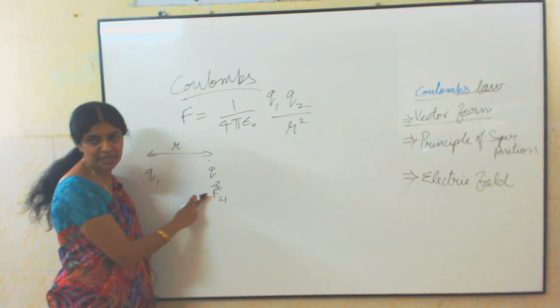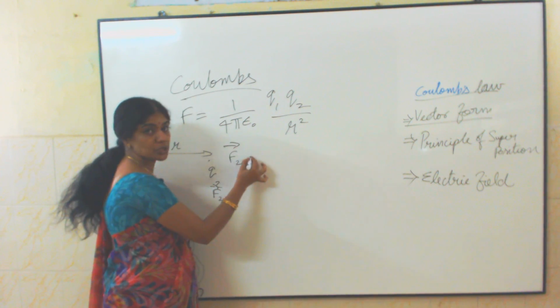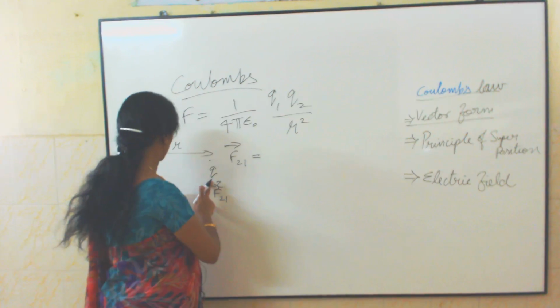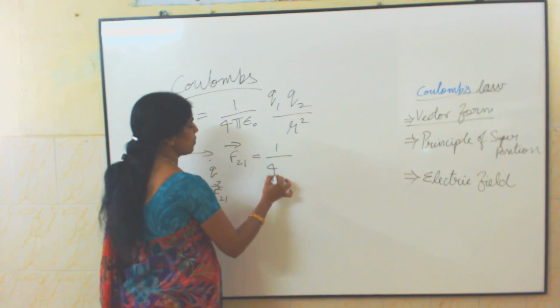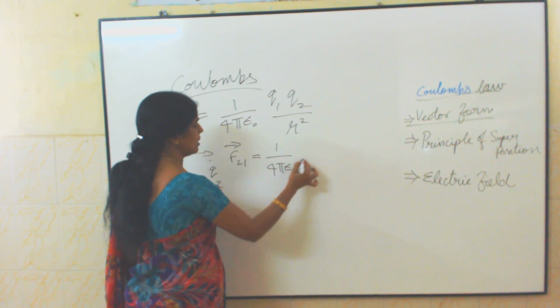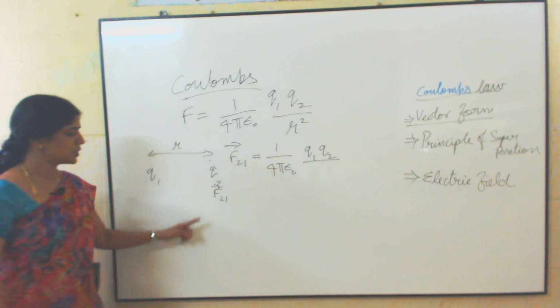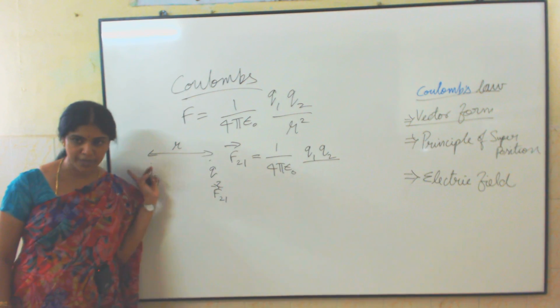So, F21 vector is the force exerted on the charge Q2 by Q1.